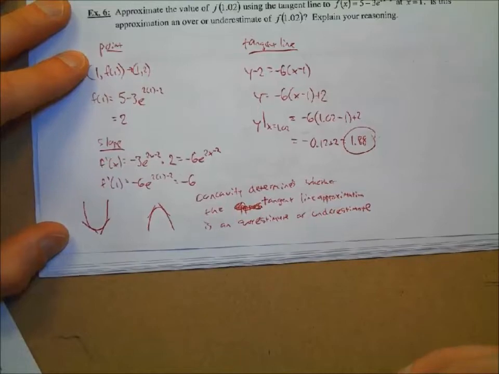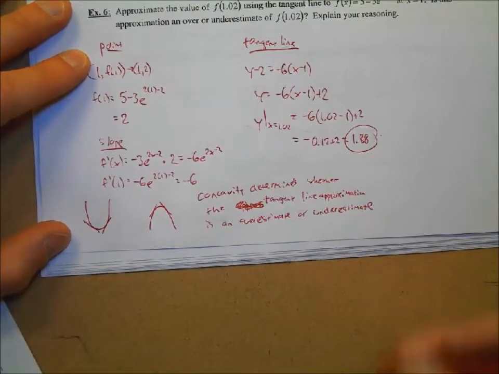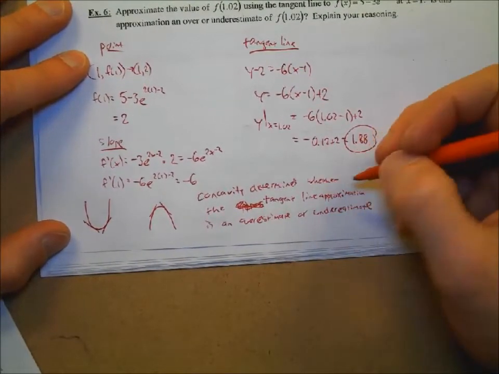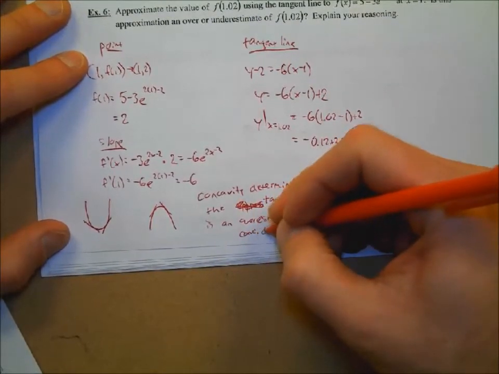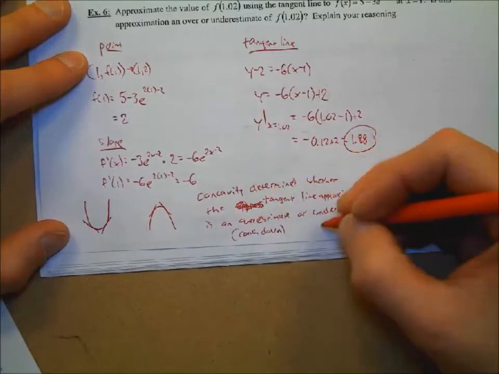Okay? A linear approximation or tangent line approximation is an overestimate when we are concave down, and an underestimate when we are concave up.